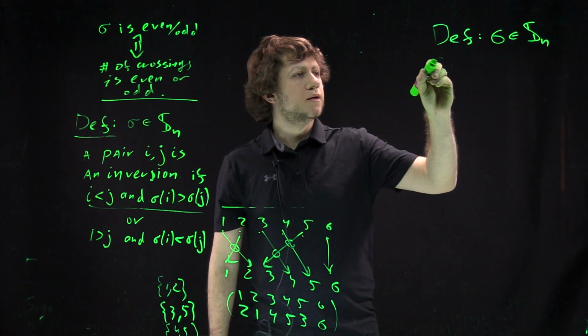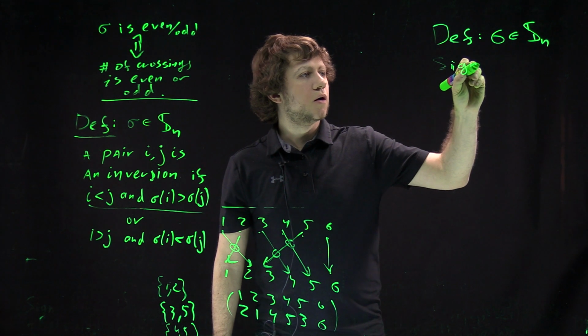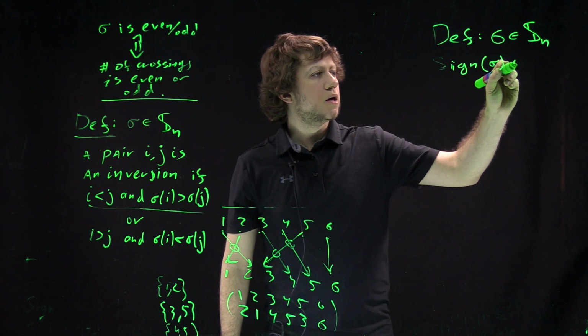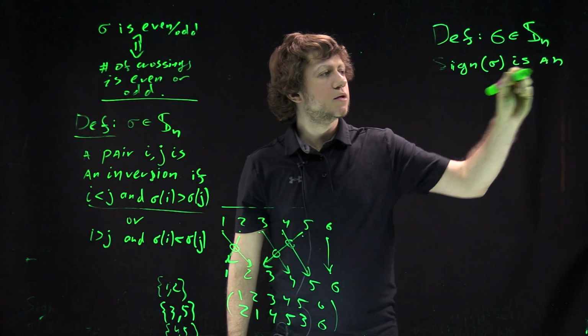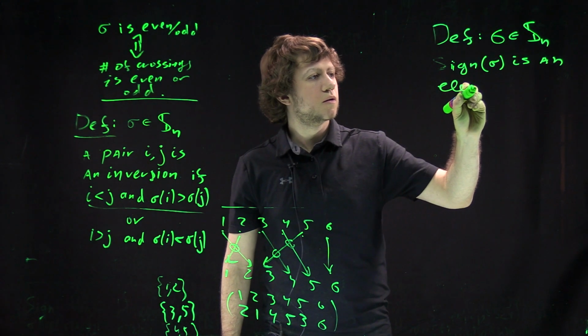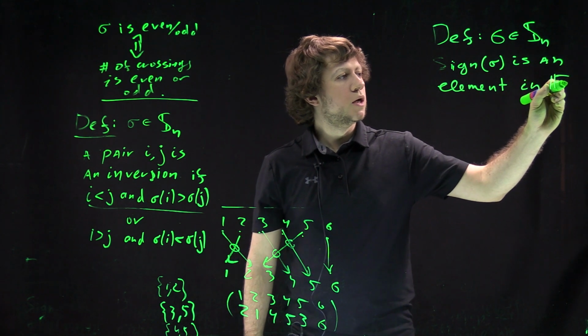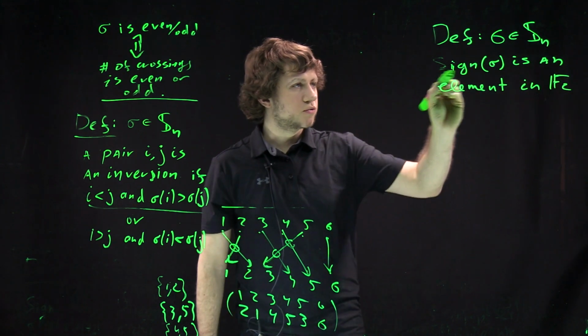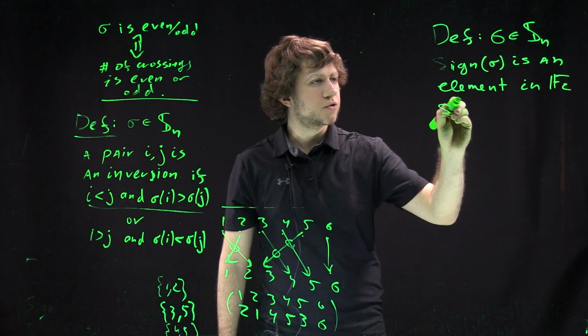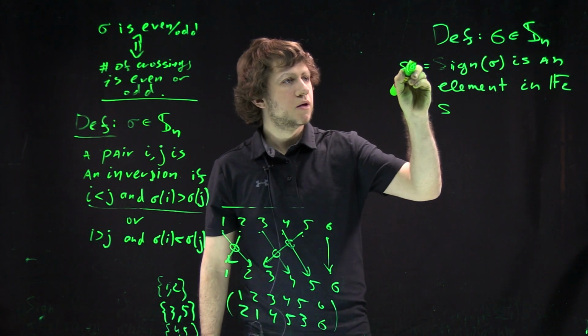So sine of sigma is an element in F2. So this is a little bit weird. So the sine of sigma, I will also denote it S of sigma.